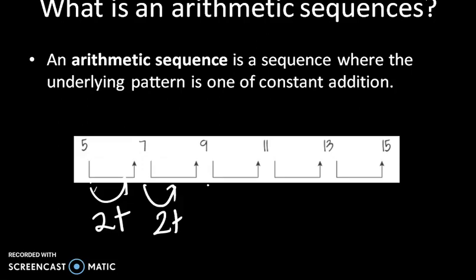See, all of them are the same. The constant difference must be the same throughout the arithmetic sequence, or it will fail to be an arithmetic sequence.